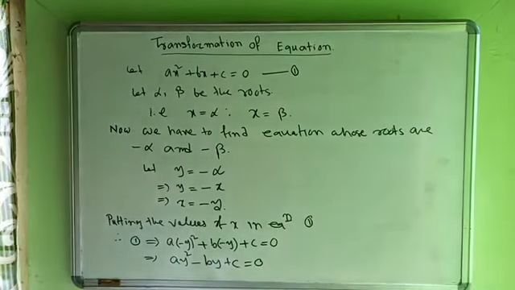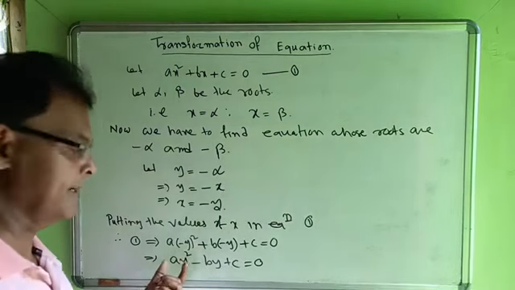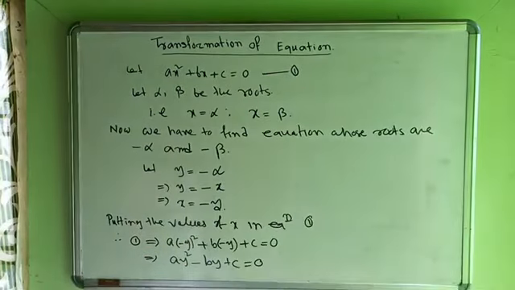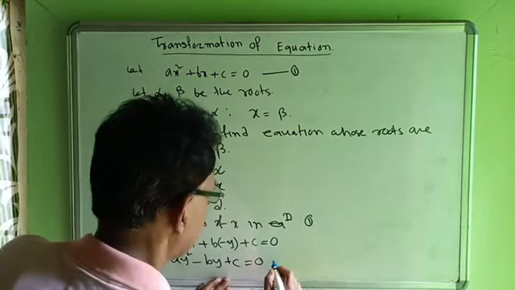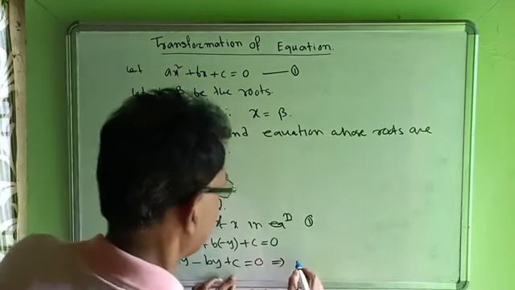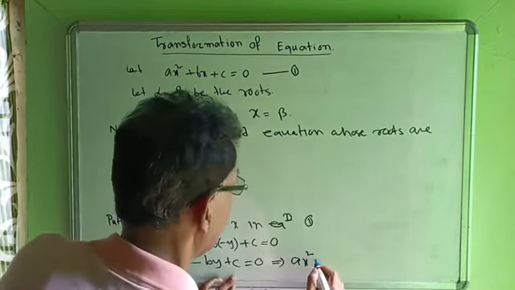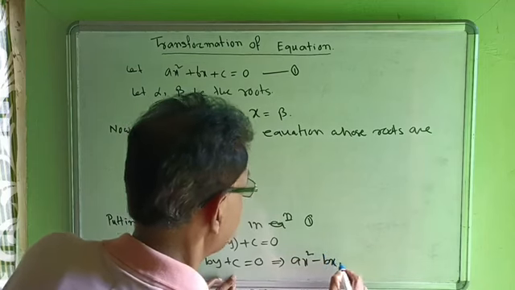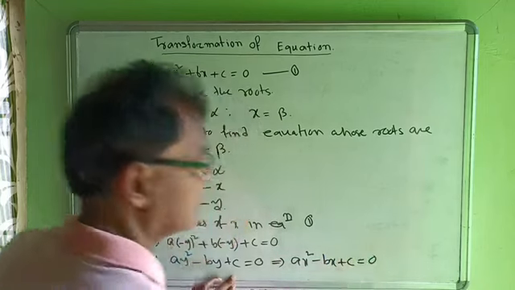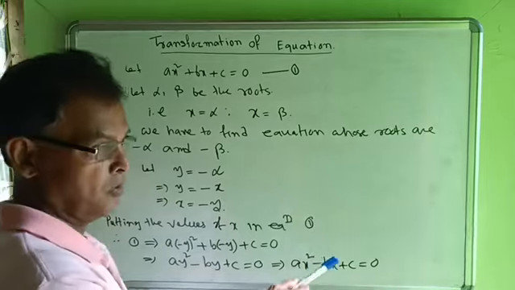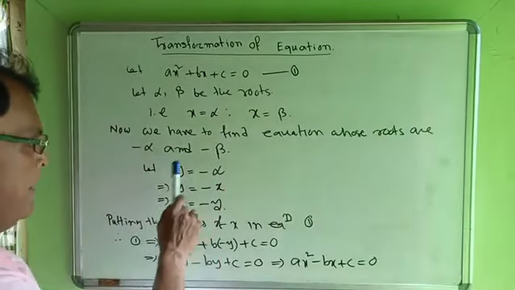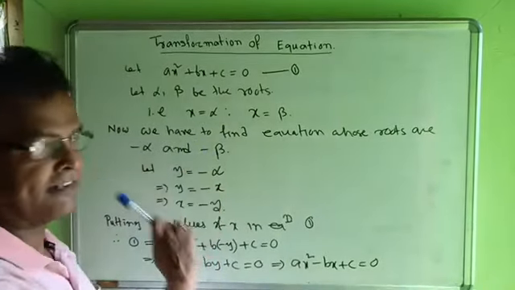That is the equation in terms of variable y. Now we can change it to variable x. This equation can be written as ax square minus bx plus c equal to 0. That is the equation whose roots are minus alpha and minus beta.